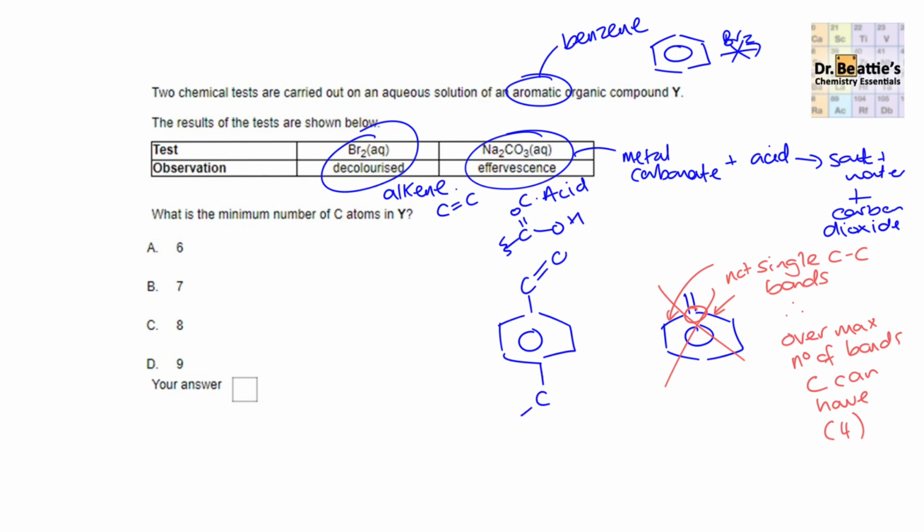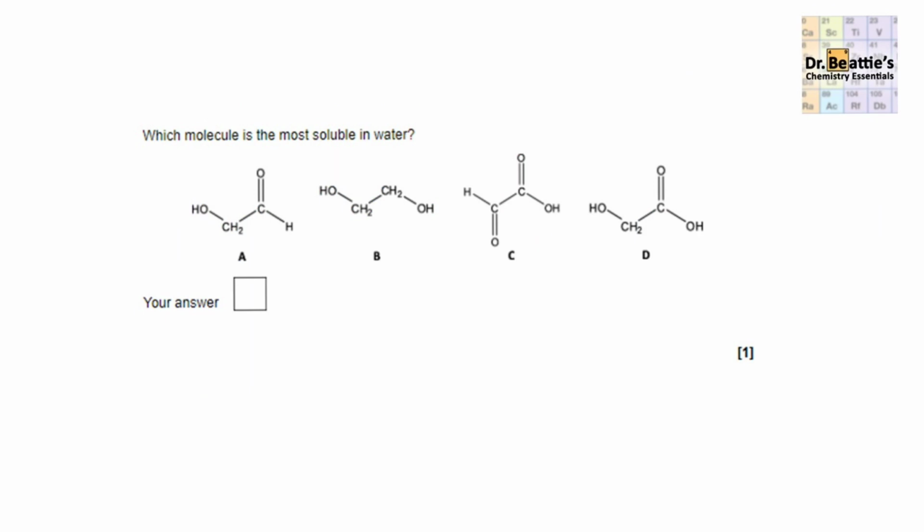So if we add that in, it can't be inside the ring, for the same reasons as we talked about with the alkene bond. So this is our most simplified minimal structure that contains the functional groups of an alkene, carboxylic acid, and also an aromatic ring. And if we count up those carbons that form part of this structure, you've got 9. And so your answer here is D, 9.